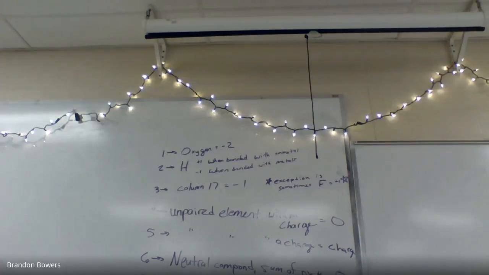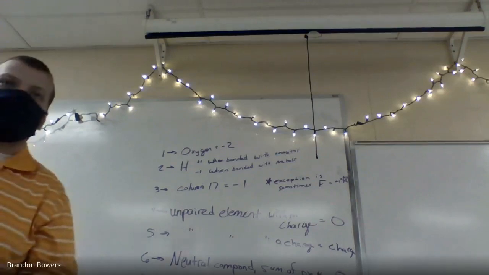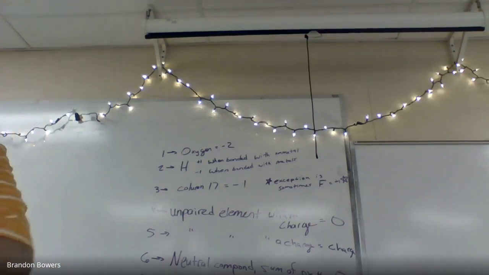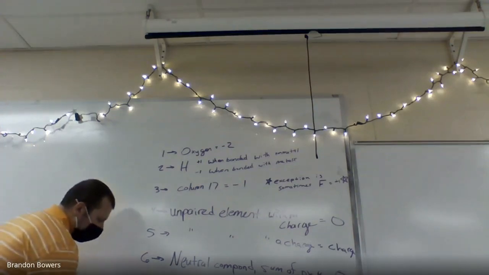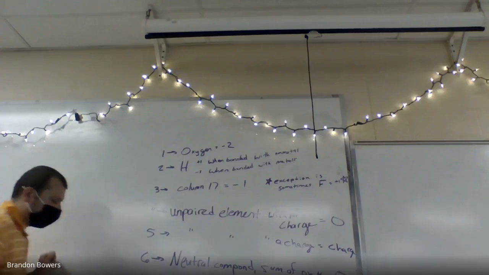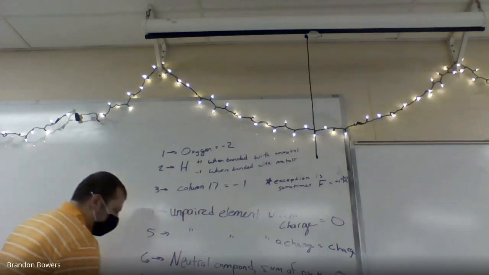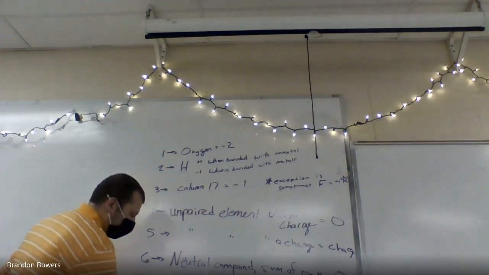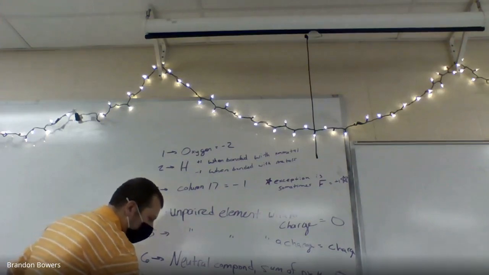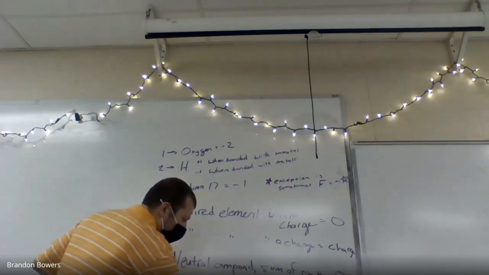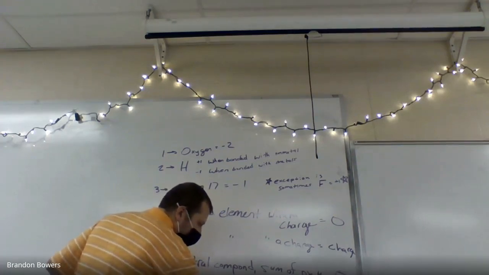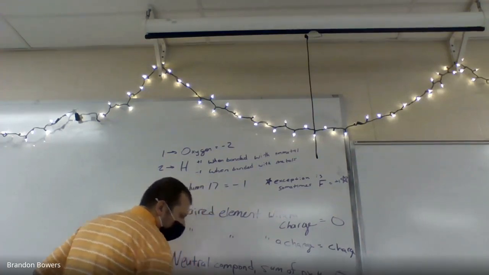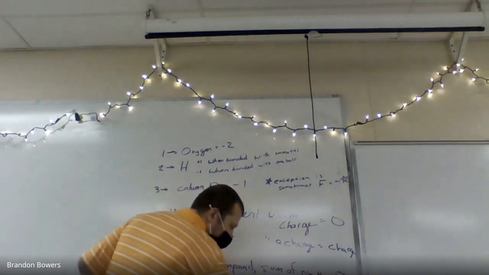Okay. Now today, honestly, there's about 15 of them. I just picked the most important ones. In today's little practice, there is an 8th one. The 8th one is, in most cases, column 1 equals +1 charge, or +1 oxidation.